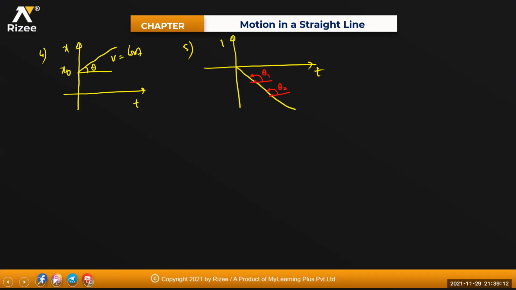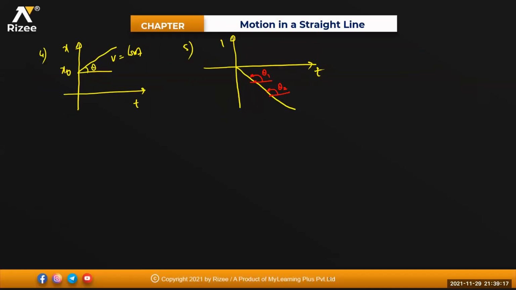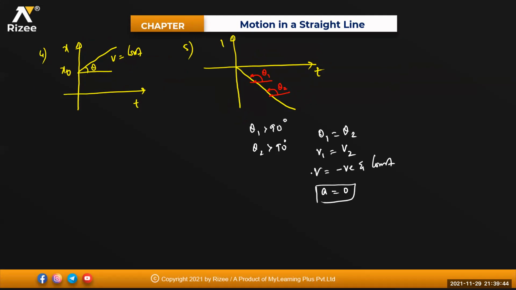Theta 1 is greater than 90 degrees and theta 2 is also greater than 90 degrees, isn't it? But theta 1 is equal to theta 2. That means V1 will be equal to V2. So obviously the velocity is constant. So acceleration will become how much for me? 0. Velocity will be negative and it is constant. Clear?